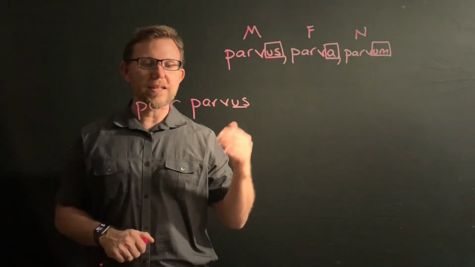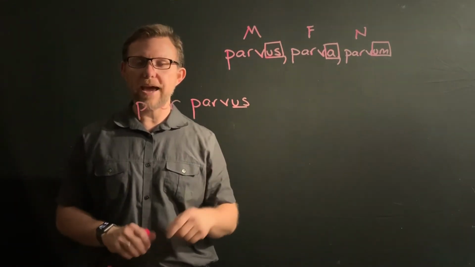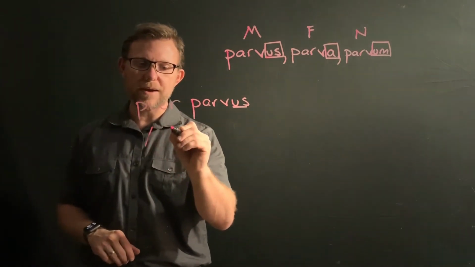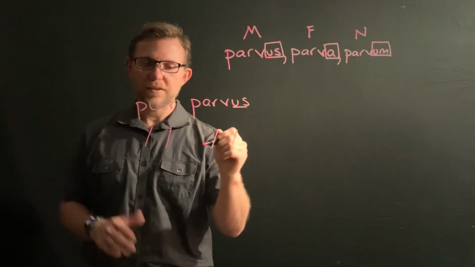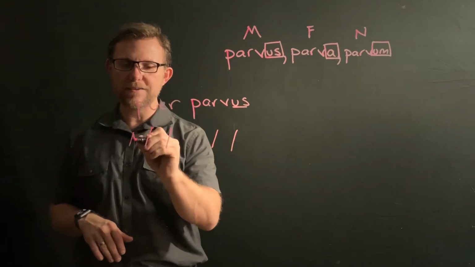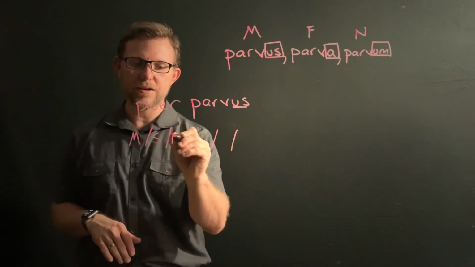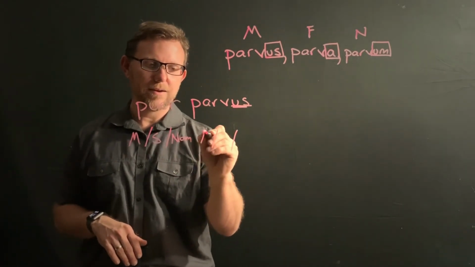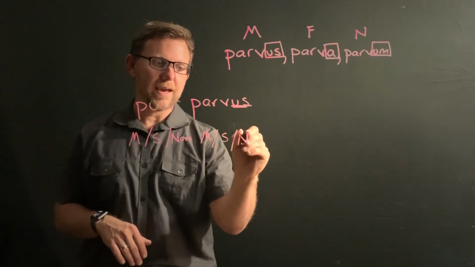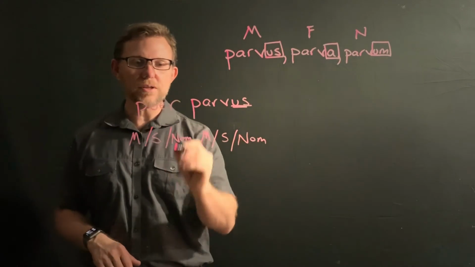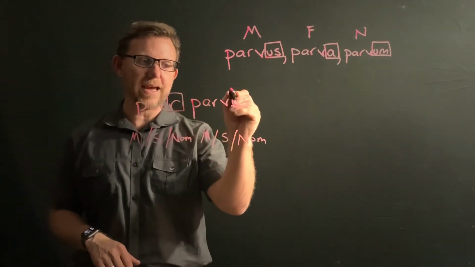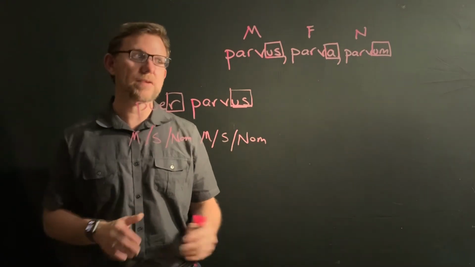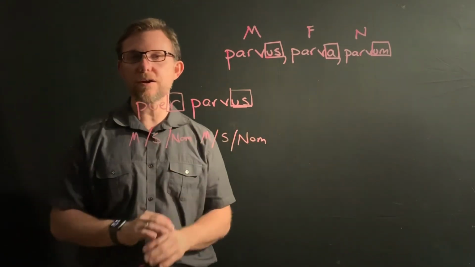As I said earlier, the Latin adjective will always match its noun in gender, number, and case. So if I parse both of these words, they should parse in the same way. And in fact, this is the masculine singular nominative form of this noun. And I see my ending here, masculine, singular, and nominative. Now you'll notice that the endings don't look the same. Sometimes they will, and sometimes they won't. In fact, right now, most of the time, they will look the same.